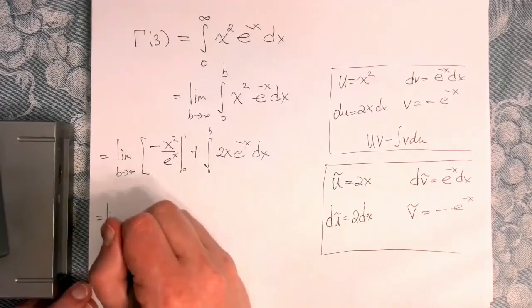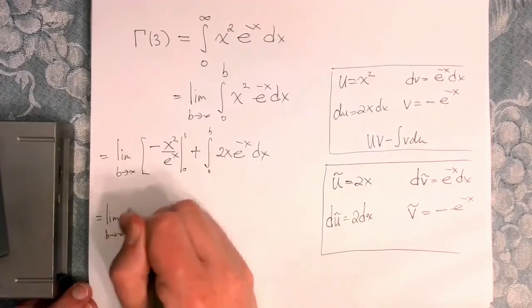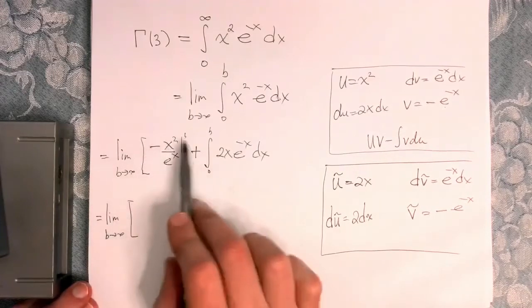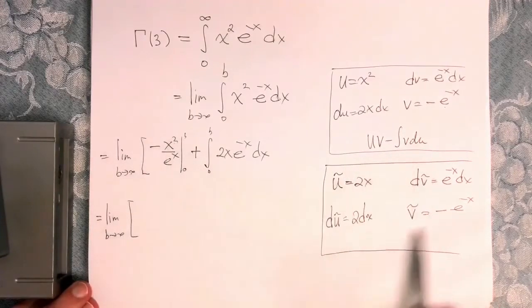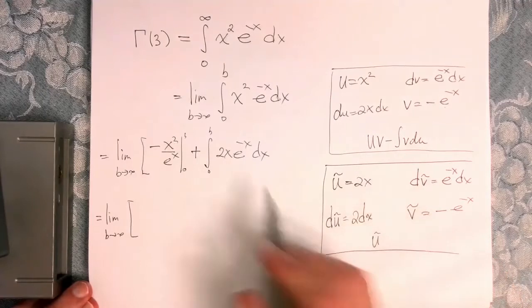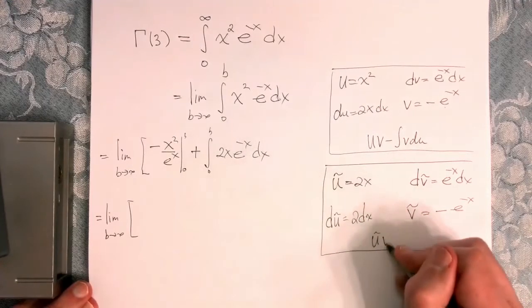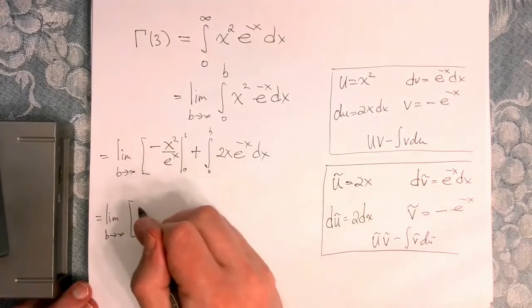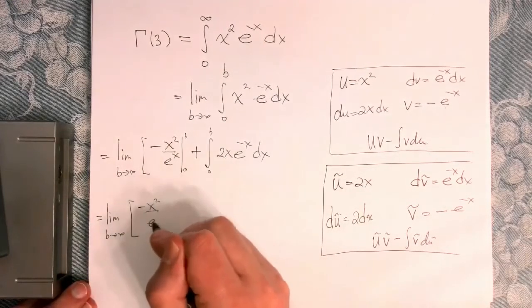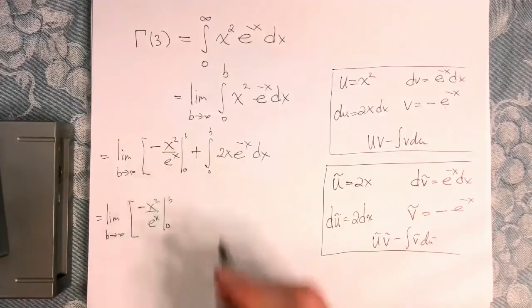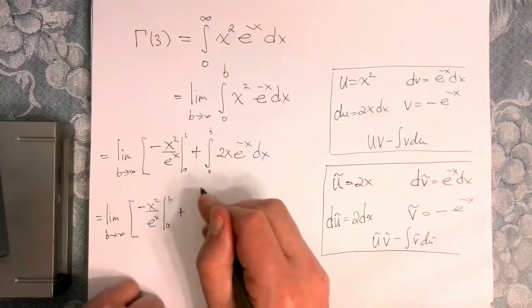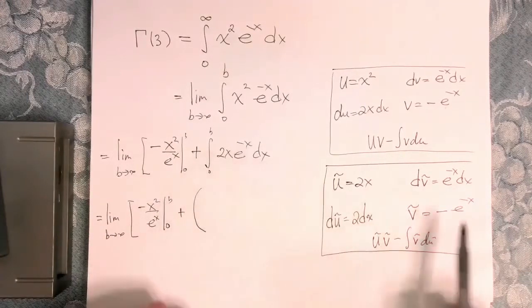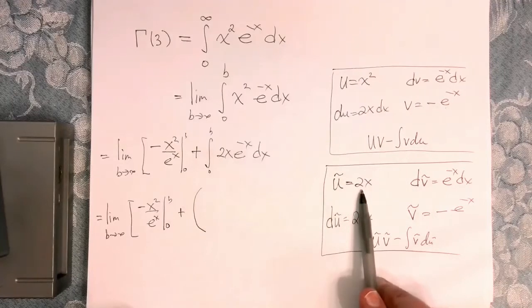Okay, so let's fill this in. So this is going to stay there, right? This process will replace this. Okay, so from before we have this. Plus. Okay, so we need u tilde times v tilde, right?